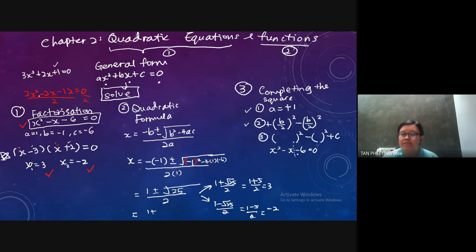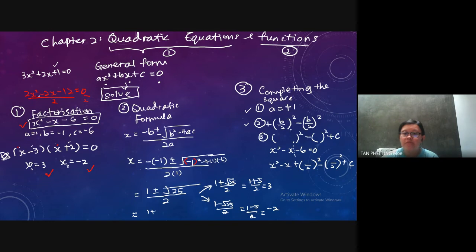We separate like that, so that the x squared minus x you copy back, then only you put in plus b over 2 square minus b over 2 square, then plus our c. So we have to fill in the blank here. So what is our b?